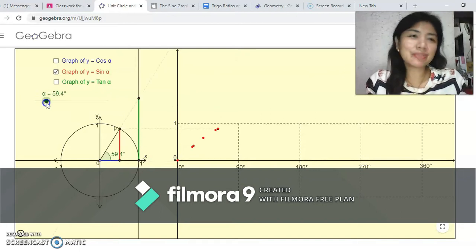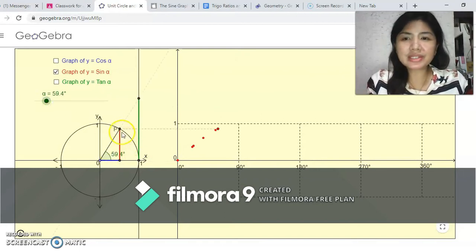So we are still at the first quadrant here. So this is the sine line, the red line, and we also have the cosine line, the blue line, and we have the tangent line or the green line, right? So again, this is the first quadrant, and we have positive values because we have positive y, and our hypotenuse is also the positive side.